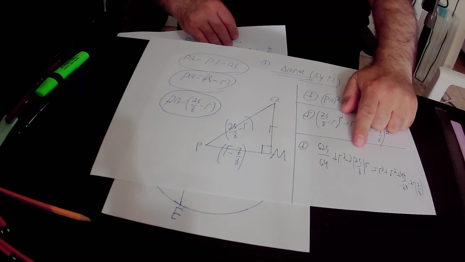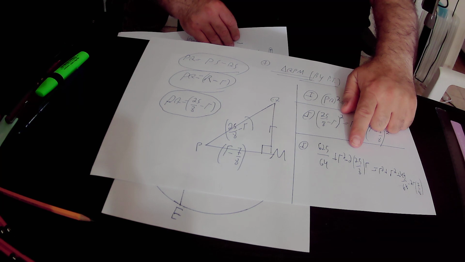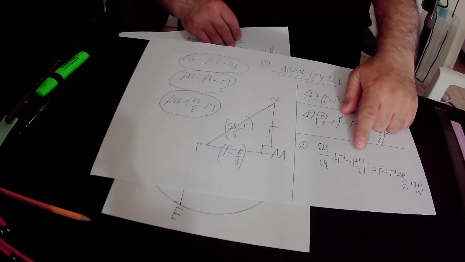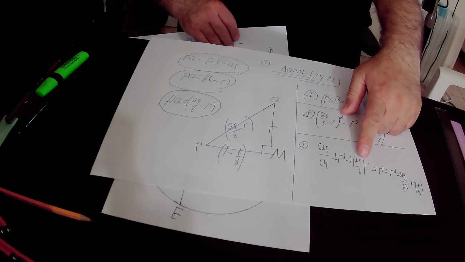Then we divide both the numerator and the denominator of this expression by 2. Here 2 over 2 is 1, so the 2 gets cancelled, and in the denominator we have 8 over 2, which is 4.